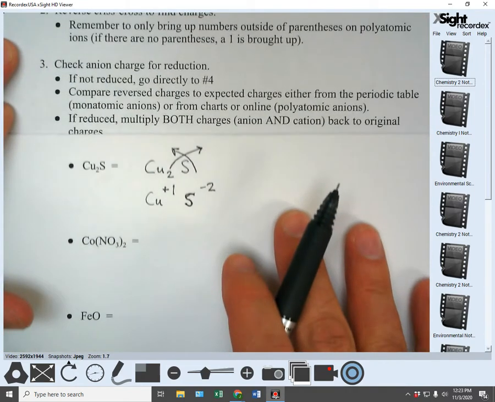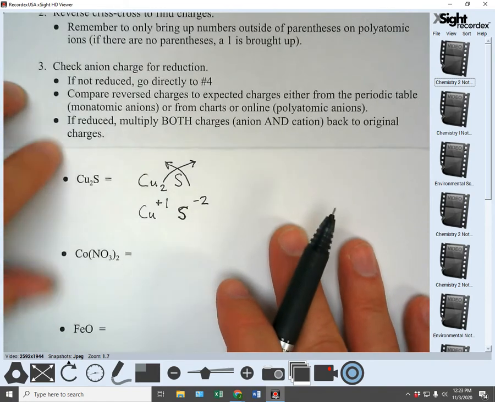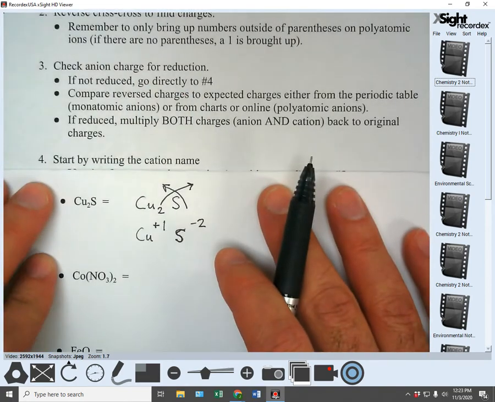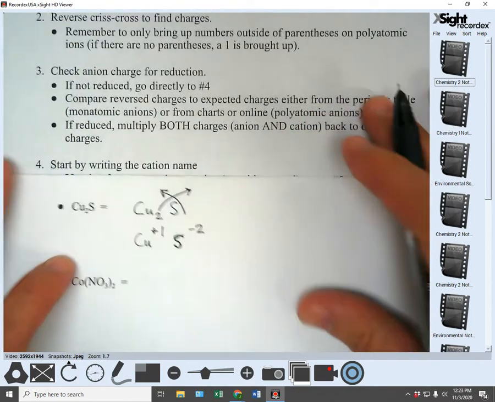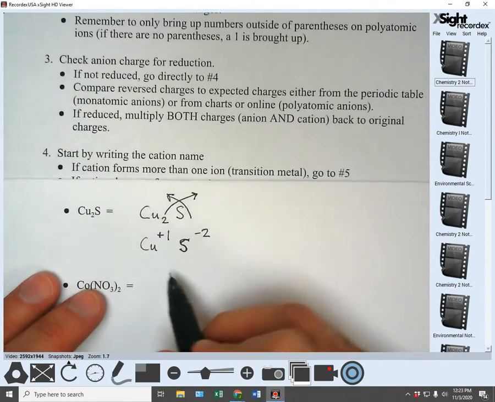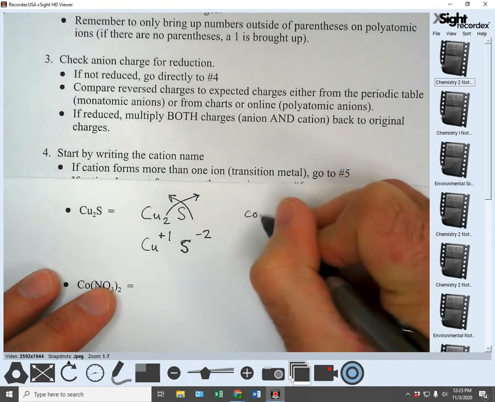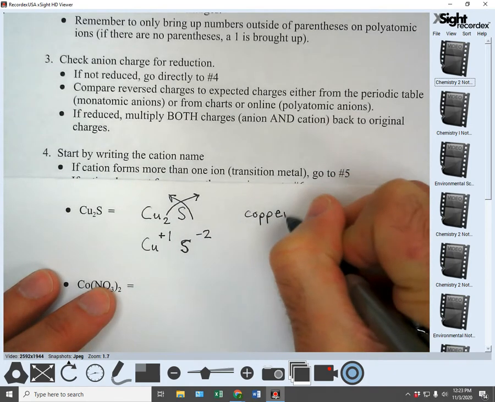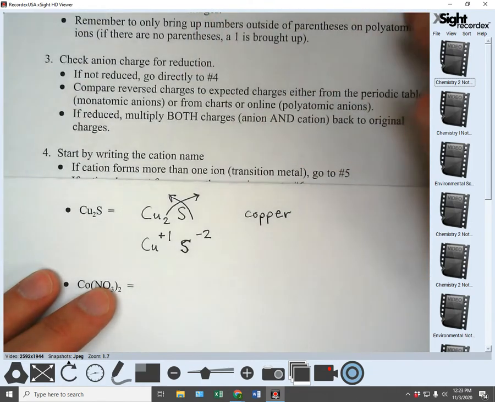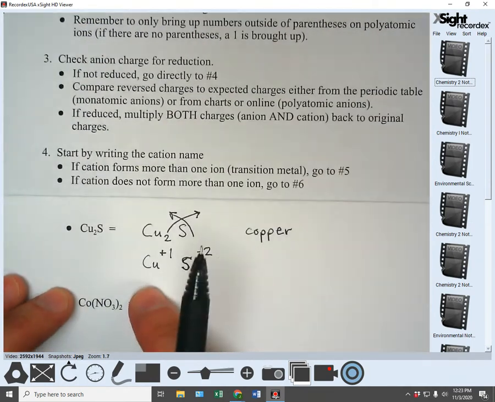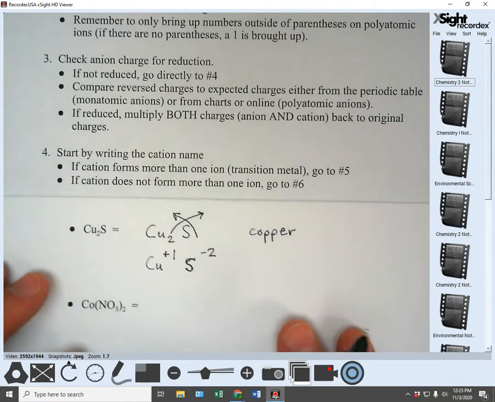So, okay, if they're not reduced, go directly to number 4. So we go to number 4. Start by writing the cation name. So it's copper. If the cation forms more than one ion, go to number 5. Yes, it does. We already decided that this forms more than one ion.